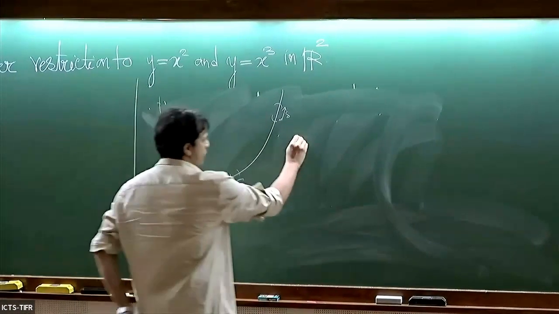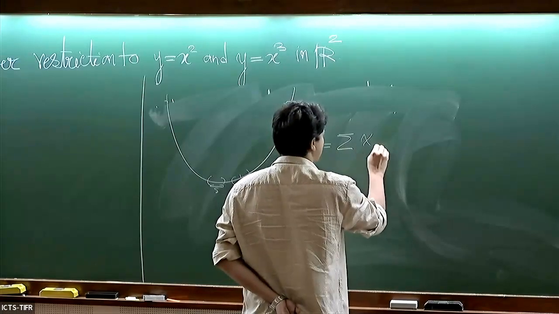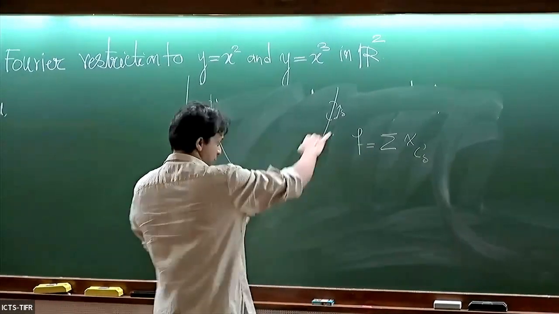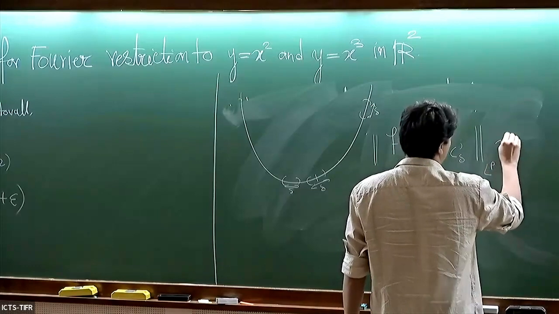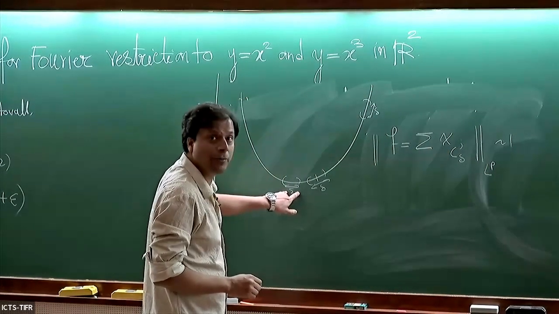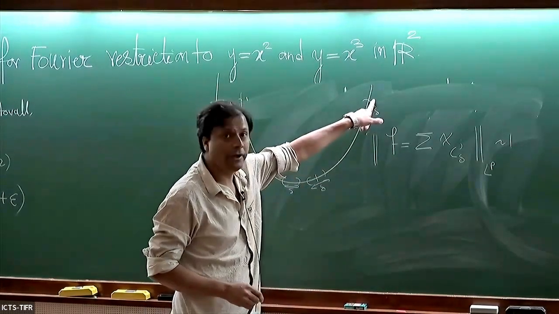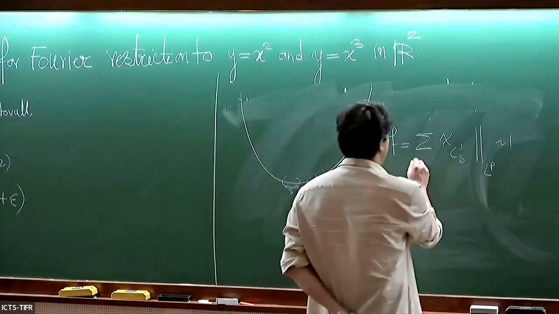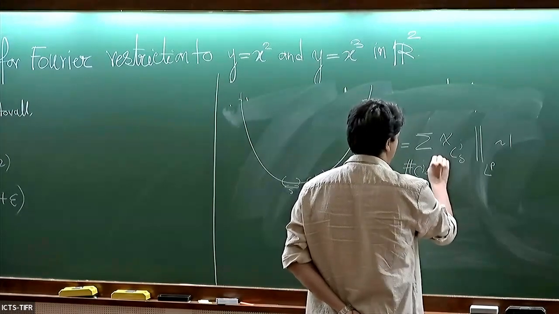So if the sum of arcs, let me call them deltas, Cj's, this is C1, C2, and so on, so that this has LP mass about 1. So how many deltas do I need? Well, each has mass delta power 1 over P, so we need about delta power minus 1 over P such Cj.